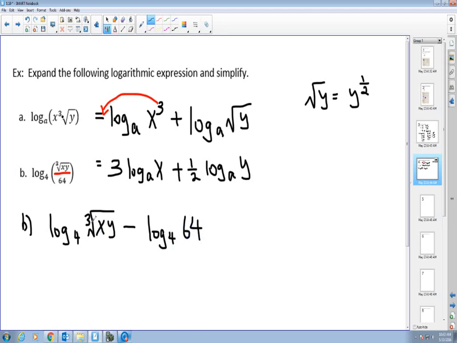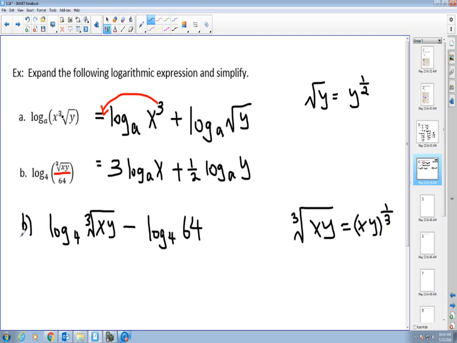And the cube root of xy will be xy to the 1/3 power, because the denominator of that fraction exponent is the roots. The numerator tells me my x and y together inside the radical is to the first power.